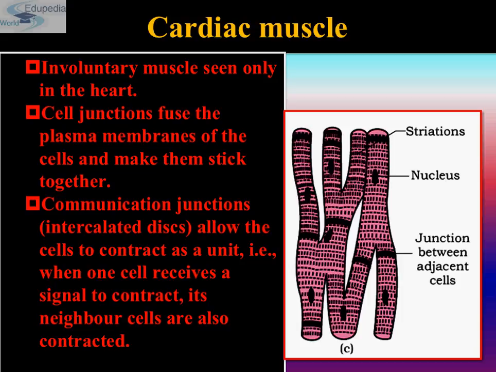Okay, and this is how communication takes place between two cardiac cells, and it is all due to intercalated discs. Okay, these are your intercalated discs. These are the junctions between the adjacent cells which allow the cells to contract as a unit. That is, when one cell receives a signal to contract, its neighbor cells also contract.